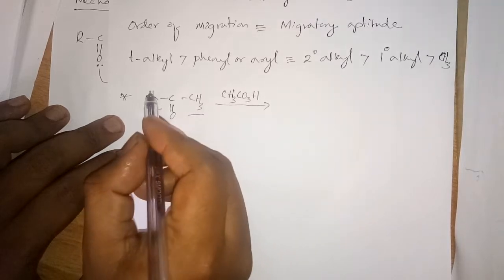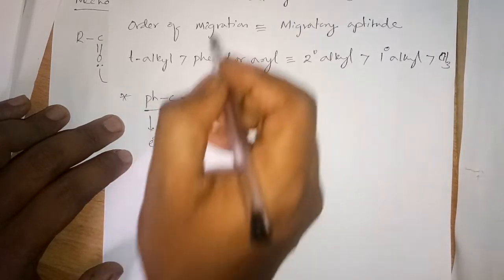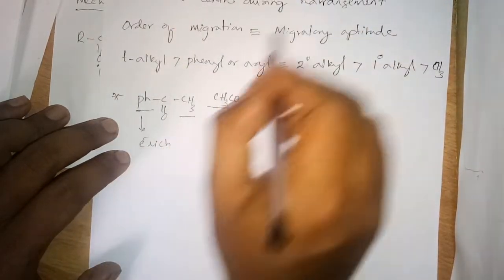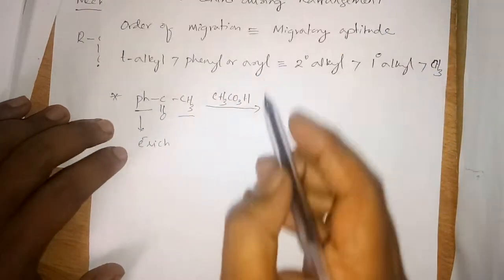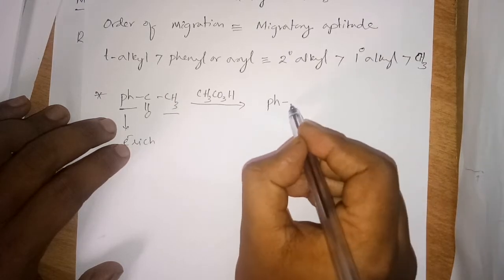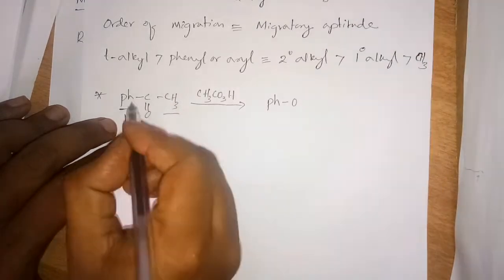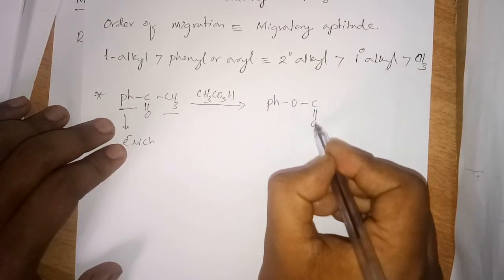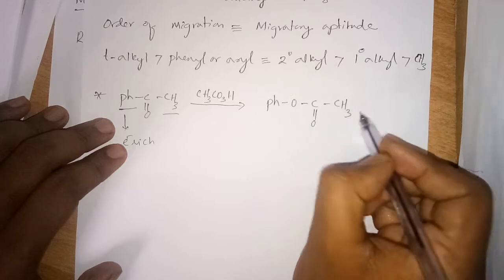So the phenyl group, the electron rich group, migrates to the electron deficient center. So you will get oxygen in between Ph and CO, with CH3.